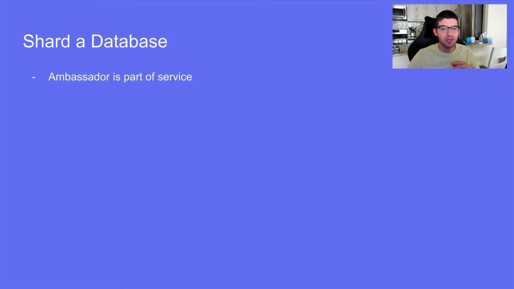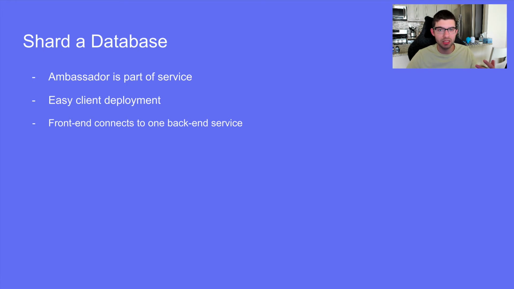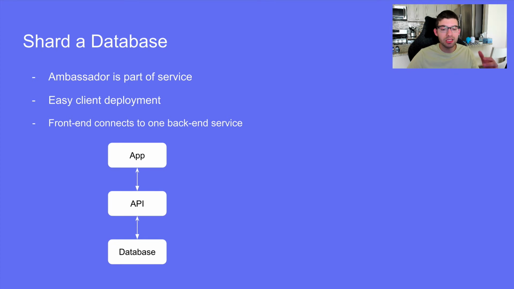In this case, the ambassador would be a part of the service, whatever the API may be, that allows you to interact with your database. It also makes client development easy, and I'll show you a diagram in a second. It also makes front-end connections to one back-end service, and I'll also show an example of that in a bit as well.